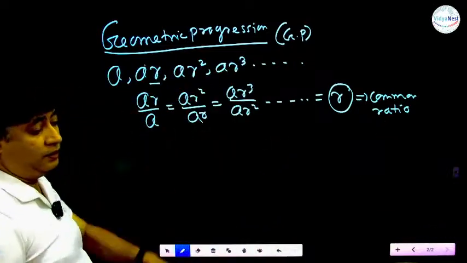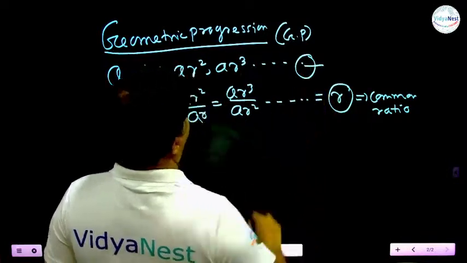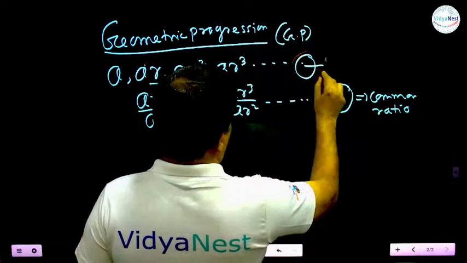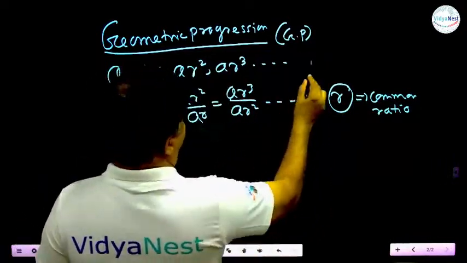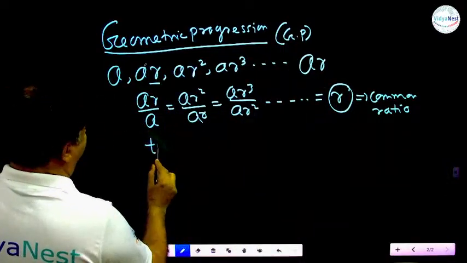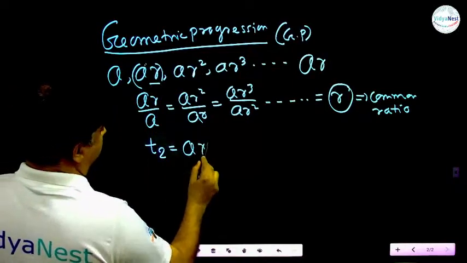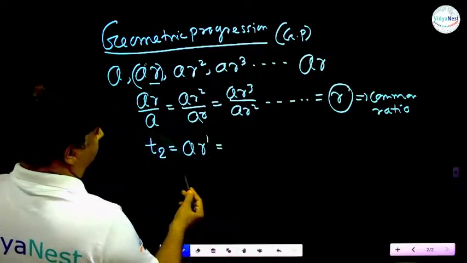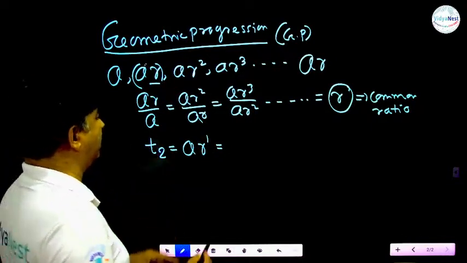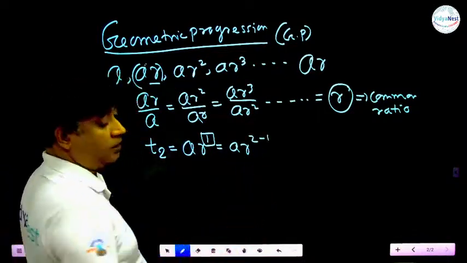In this way, you can get a general term in this series. See, this is the second term, T stands for term. This is ar. What is the power? 1. How can you relate this power 1 to the second term? Instead of 1, you can write 2 minus 1.